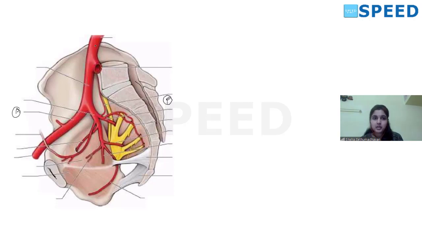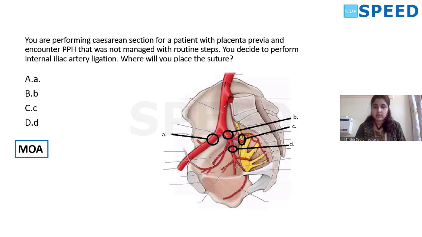The major vessel at the top will be the aorta. And the aorta, as you can see, divides into 2 common iliac. This will be the external iliac artery, and obviously this is not where you would want to place the suture because it will occlude the lower limb vasculature.